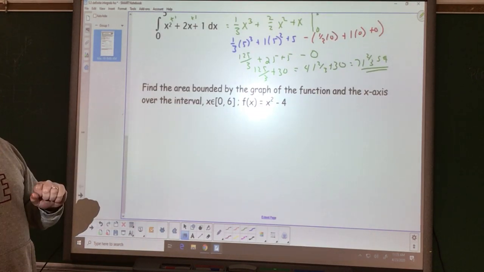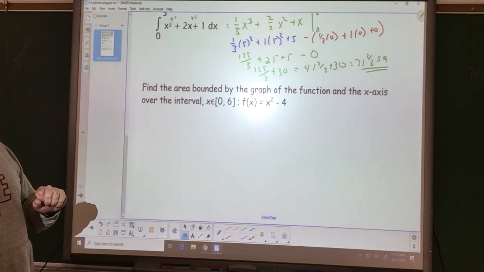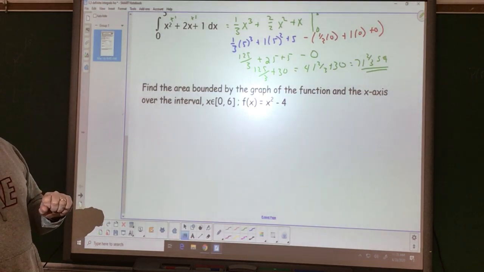Find the area bounded by the graph of the function and the x-axis over the interval from 0 to 6.